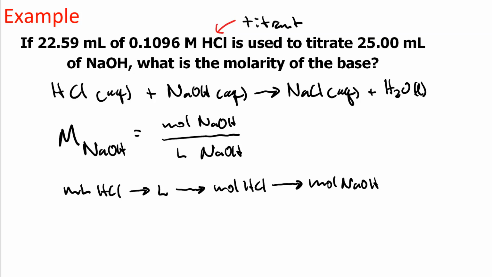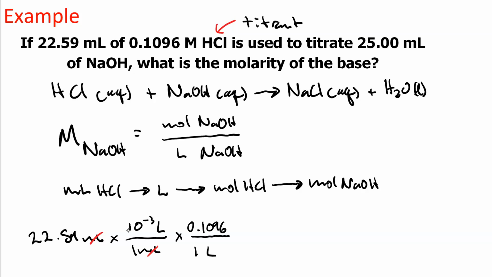So here's what this actually looks like. 22.59 milliliters, convert to liters, 10 to the negative 3 liters is 1 milliliter. Milliliters cancel. We now use the molarity of the HCl, 0.1096 moles of HCl over 1 liter, right?